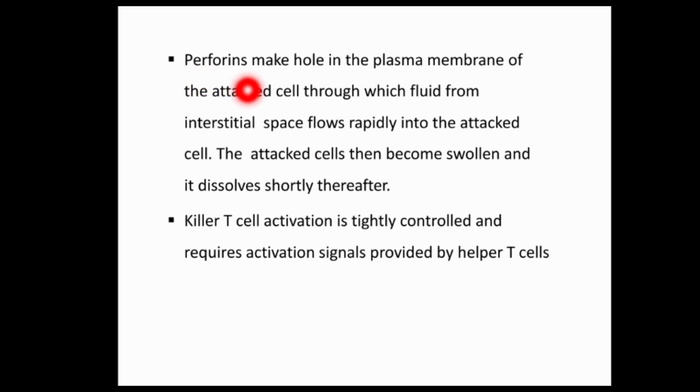The perforins make a hole in the plasma membrane of the infected cells, so it leads to the interstitial spaces filling with fluid, and the cell becomes swollen and dissolves shortly thereafter. Killer T cell activation is tightly controlled and requires an activation signal provided by helper T cells.